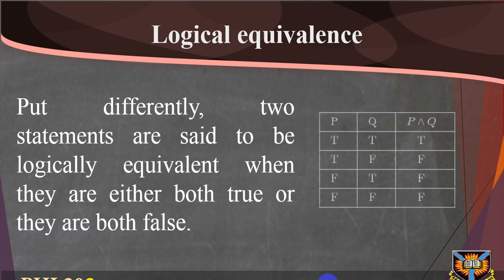Let us now use the truth table to work out which of the following pairs of statements are logically equivalent. Number 1. Bracket open, not P, then not Q, bracket closed, and bracket open, P or not Q, bracket closed.